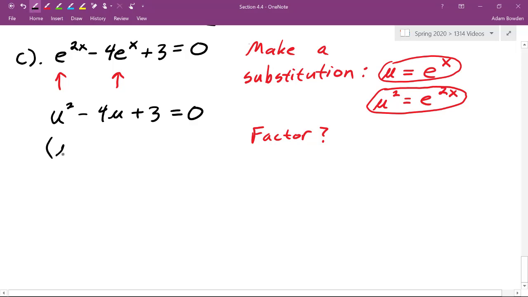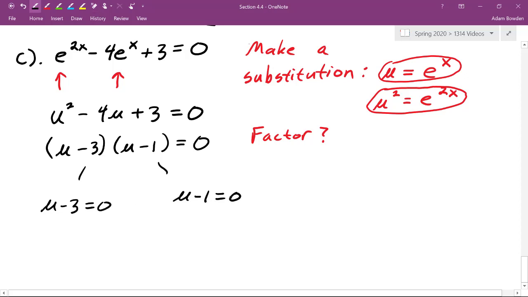This one is going to factor into u minus 3 times u minus 1 is equal to 0. So now what we can do is take each of these factors and set each equal to 0. So we're going to have u is equal to 3 and u is equal to 1.